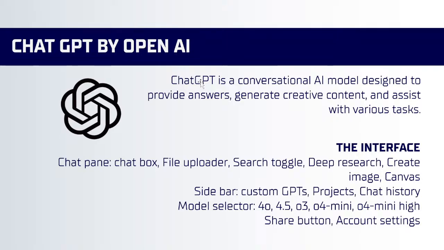Okay. So we will go into the features that are in the paid version, or ChatGPT Plus, that were not seen in the free version. So we have the model selector where we can select between models that we choose to use.